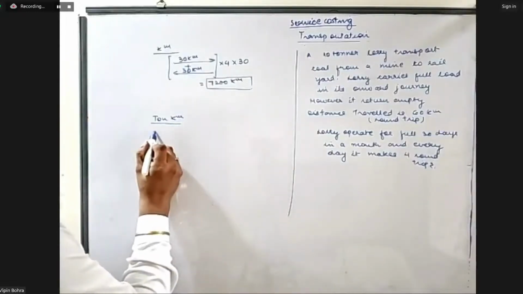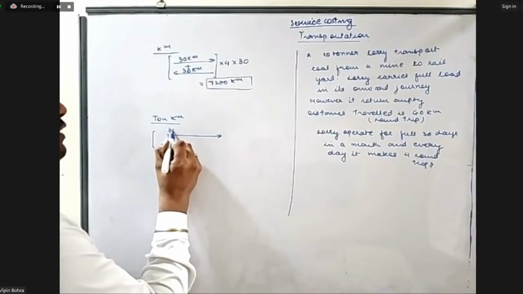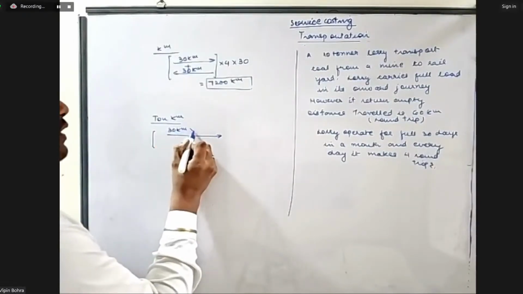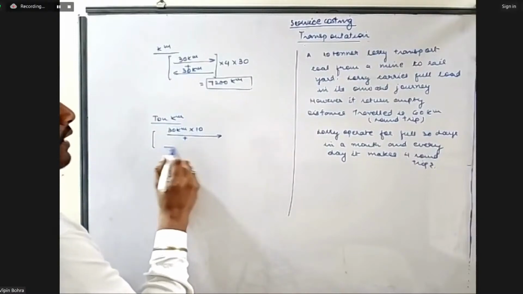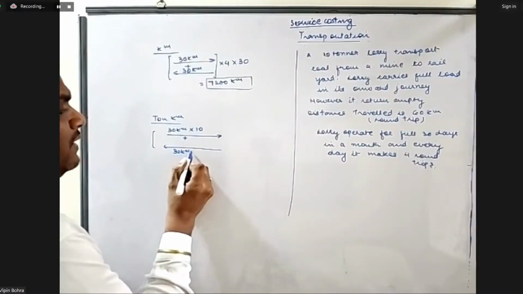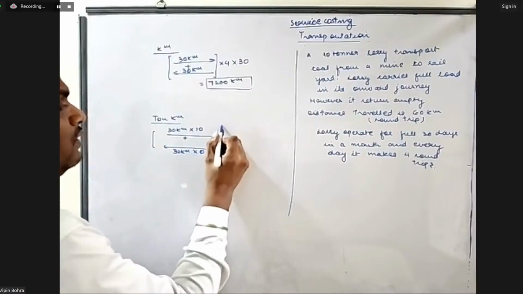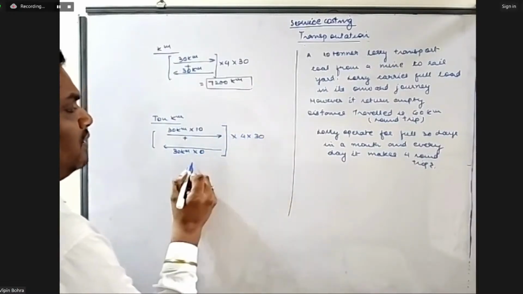So now, when talking about the onward journey, they travel for 30 kilometers with full load, that is a full 10 tons. In the return journey, they travel for 30 kilometers with zero load, into 4 into 30.